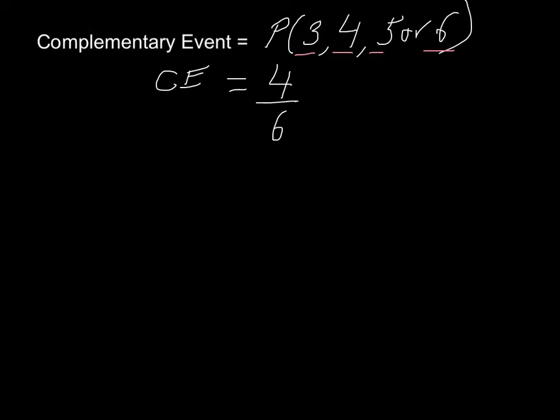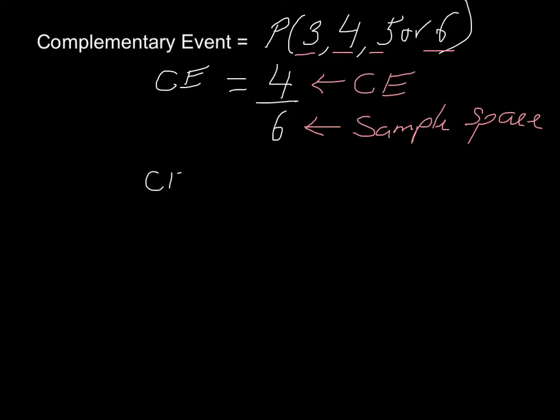So we remember from before that these here are my complementary events and the 6 is my sample space. So again, just like before, this can be simplified so that my complementary event is equal to 2 over 3.